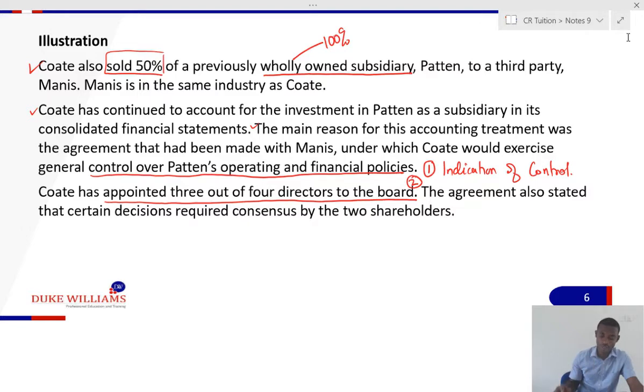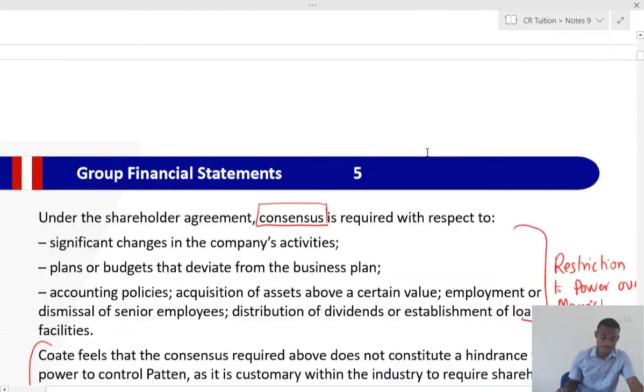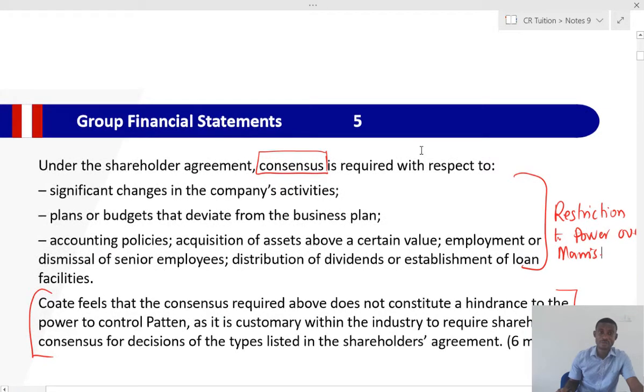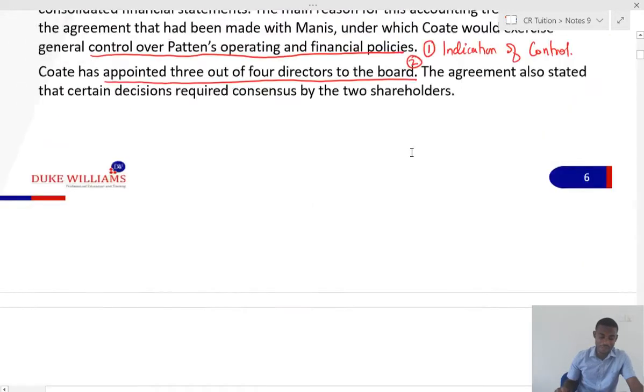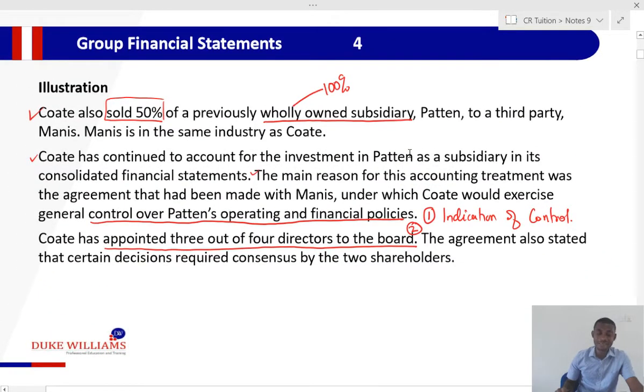You would want to think that this consensus on these decisions is likely to limit the power that Court will have over Pattern. So yes, there is 50%, and that does not in itself indicate control. So we cannot use the absolute values to answer to say there is a subsidiary or there is control.